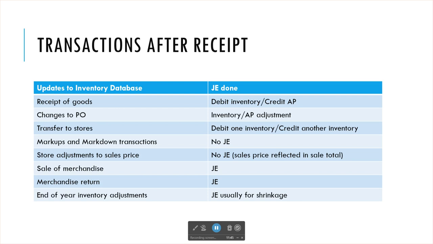So if it doesn't go through a register scanner, then inventory is not reduced. That means the database is off. It also means our general ledger is off. So at the end of the year, yes, you have to somehow make adjustments which adjust both the general ledger through journal entry and adjust the specific inventory items.